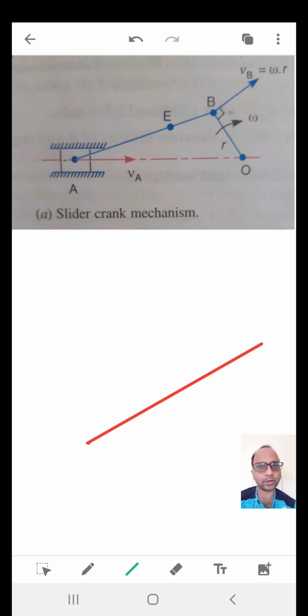It is a connecting rod and it is a rigid link. So relative velocity is obviously perpendicular to that link.